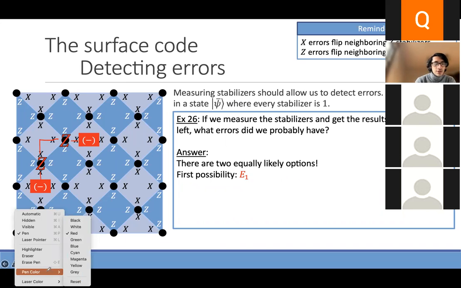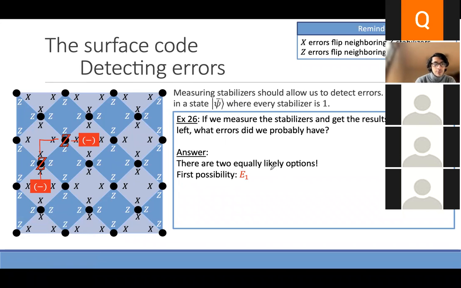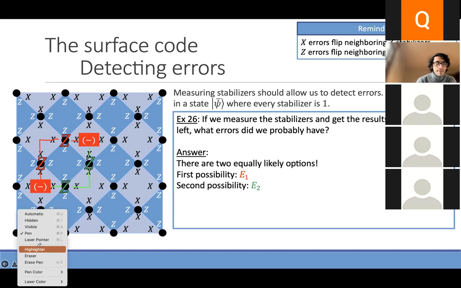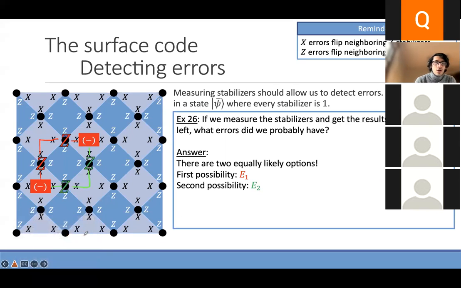The other option, I'm going to call E2, and the error chain looks like that. And we don't know which one of these happened. We literally have no idea. They're both equally likely. They both involve two Z errors happening. And we really can't tell the difference because we only see the ends of this error chain.